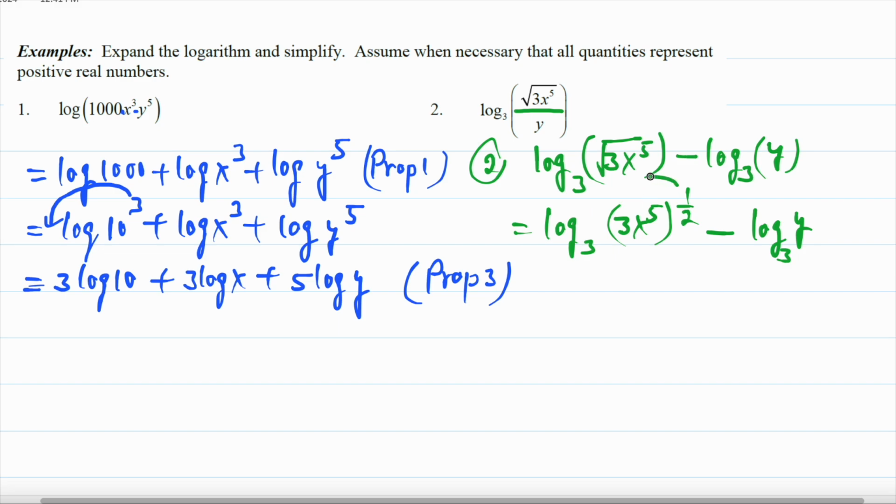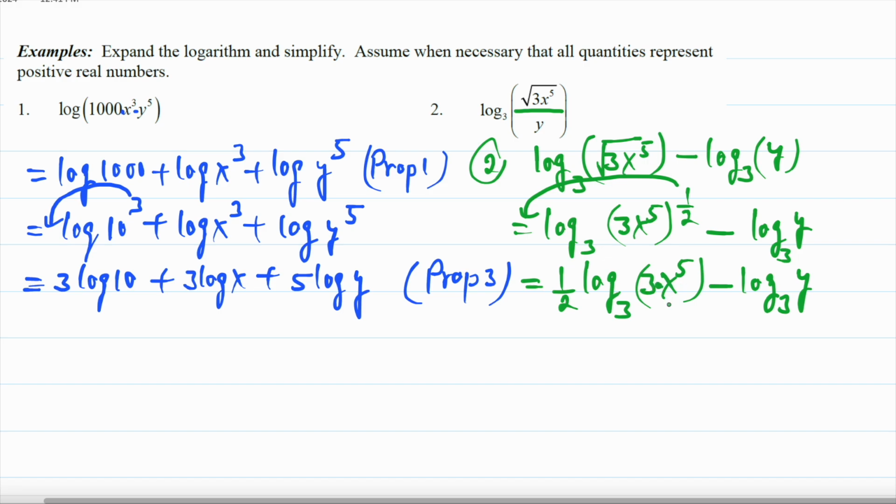Now 1 over 2, we can bring to the front by using the third property, so it will become 1 over 2 log base 3 of 3x power 5, and then we have minus log base 3 of y. Now when you look at these two numbers, 3 and x power 5, they're in multiplication, so we can use the first property here.